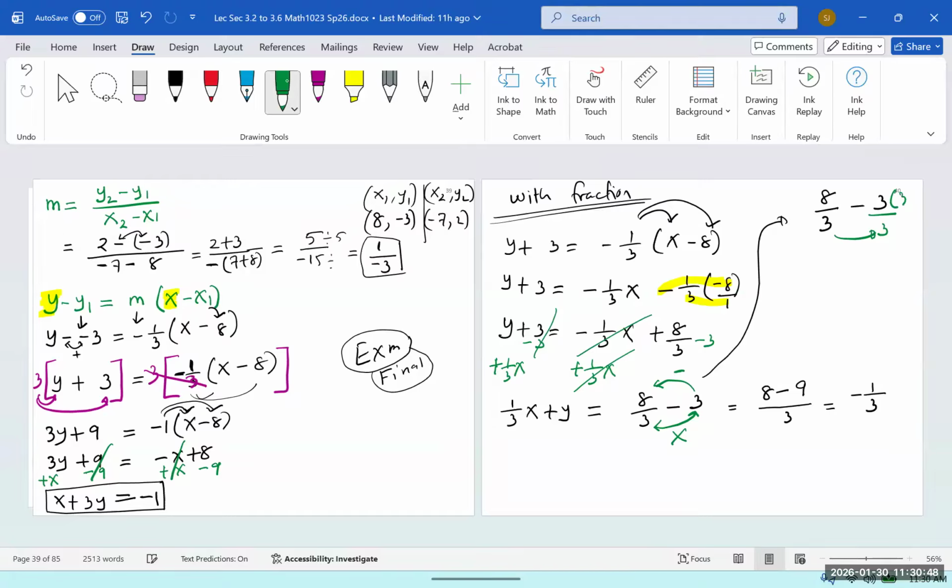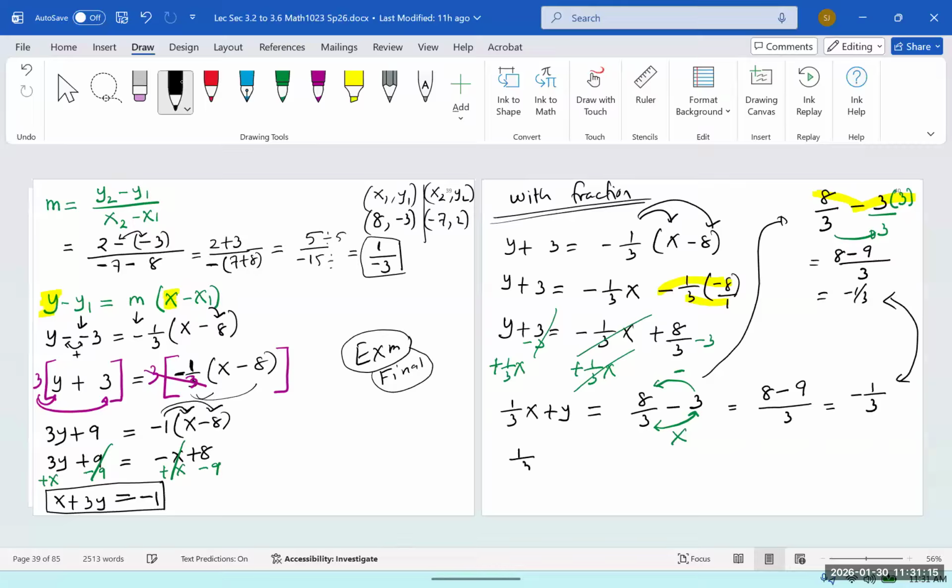So you need to multiply the numerator by that also. Once you have the same denominator, you keep the denominator once and you combine your numerators. First numerator is 8, and then you're subtracting 3 times 3, 9. So you get -1/3. Exactly the same thing as here.